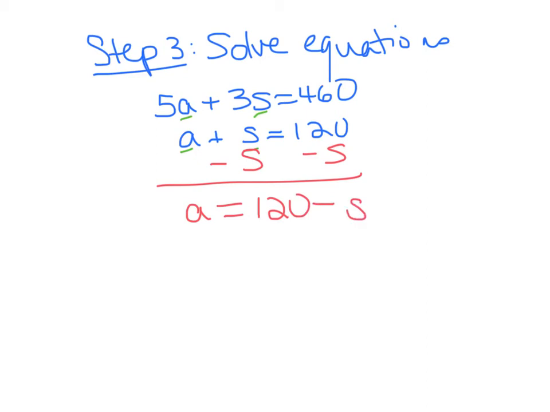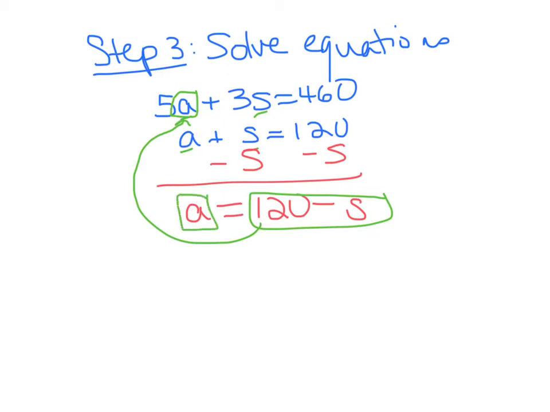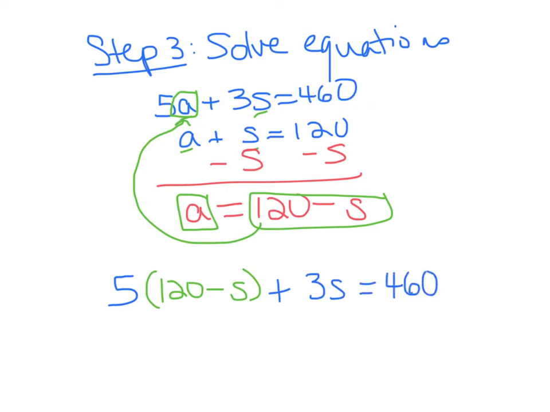So now I'm going to take that right there and substitute it into the other equation. Make sure you put it in for the a, because we know that this equals a. When you do that, you get 5 times (120 minus s) plus 3s equals 460. We're going to keep on solving. For this one, I'm going to distribute, and if you want, you can work it out on the side.